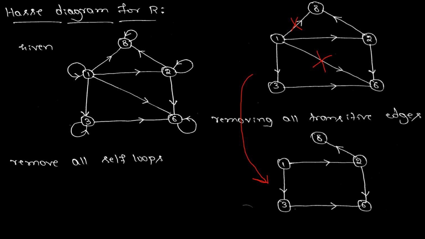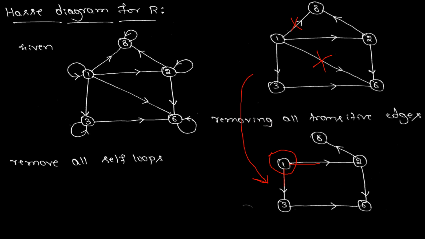That means we need to select the vertex whose in degree is 0. Which is the vertex here whose in degree is 0? Yes, 1. See here, because all the arrows are going outward from this vertex.